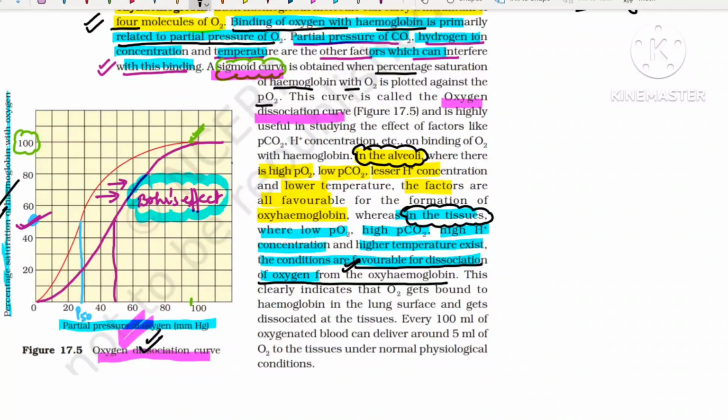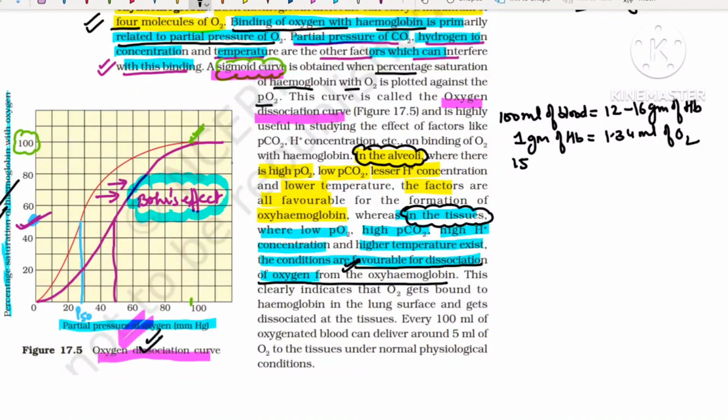Now, one more piece of information, please understand it. In the circulation chapter, it is given that 100 ml of blood will carry nearly 12 to 16 gram of hemoglobin. 1 gram of hemoglobin will carry nearly 1.34 ml of oxygen.